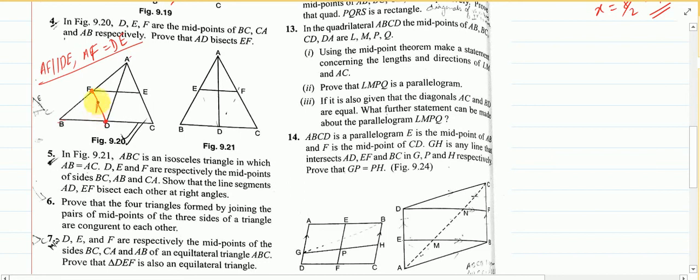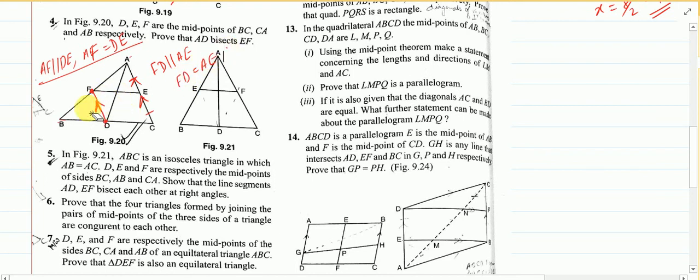So by the midpoint theorem, DF will be parallel to AC and DF will be half of AC. Since E is the midpoint, AE and EC are equal, so half of AC is AE. So DF is equal to AE, and DF is parallel to AE.